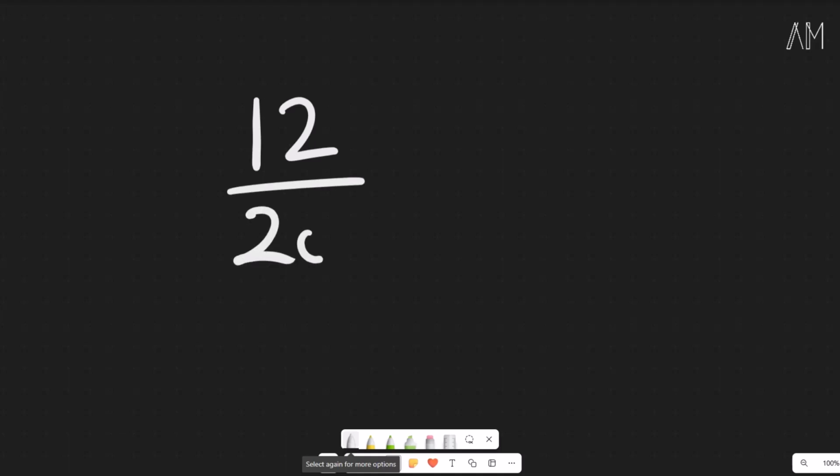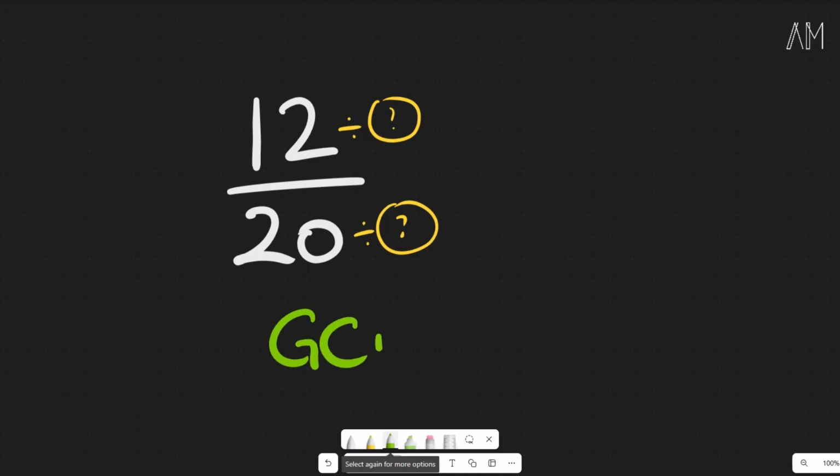If I want to do it directly, let's say here I have 12 over 20. By dividing directly by one number only, up and down, I want my answer to be in the simplest form. How can I do this? Well, in this case, we will need the help of the GCF, the greatest common factor between the numerator and the denominator.